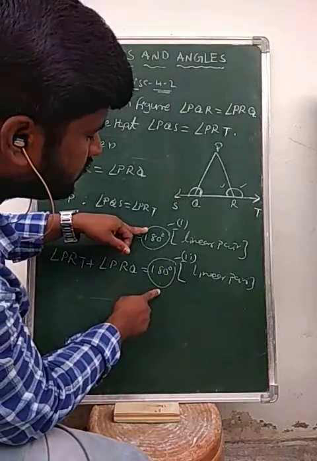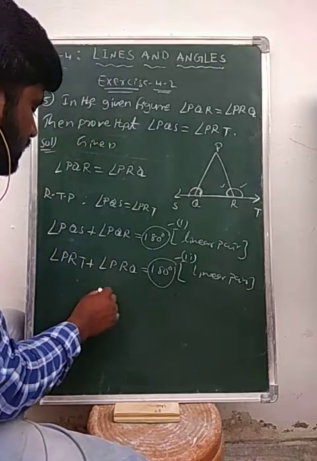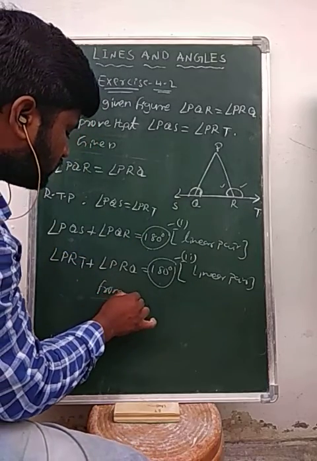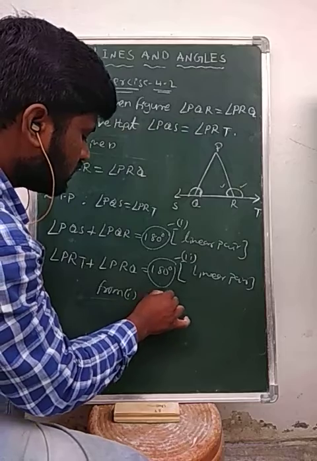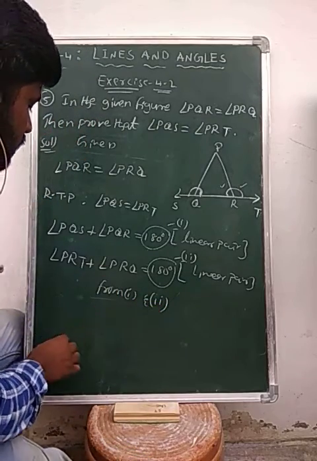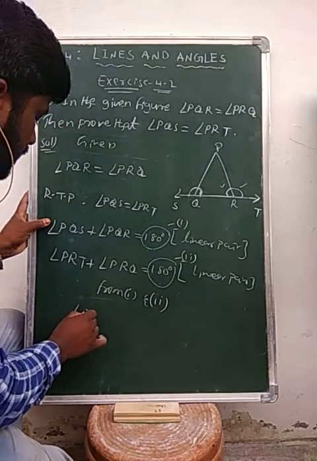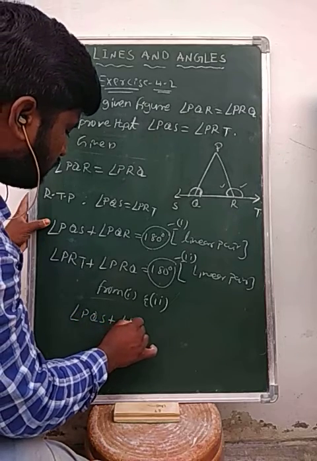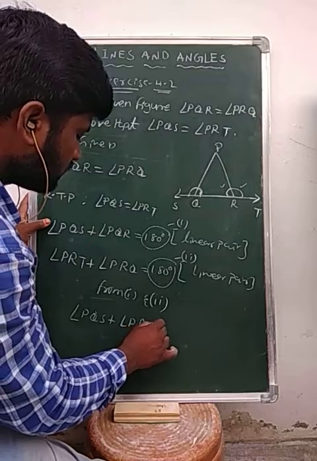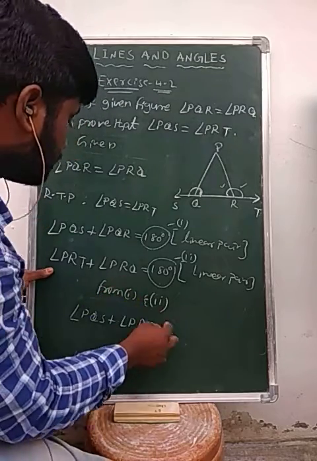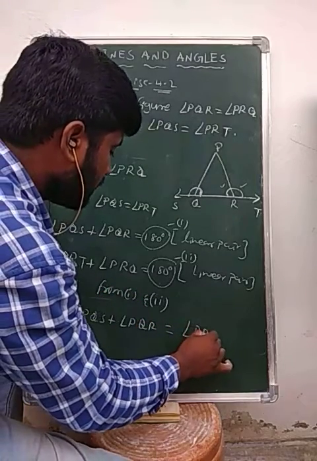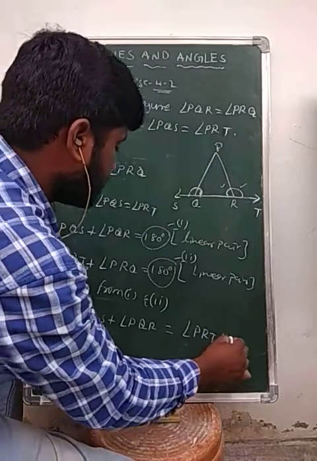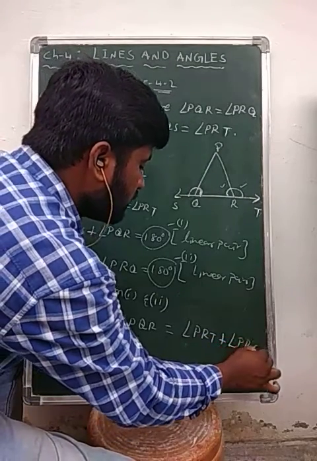Both RHS are equal. Then equating LHS from 1 and 2, we can equate the LHS also. That is, angle PQS plus angle PQR is equal to, here also, angle PRT plus angle PRQ.